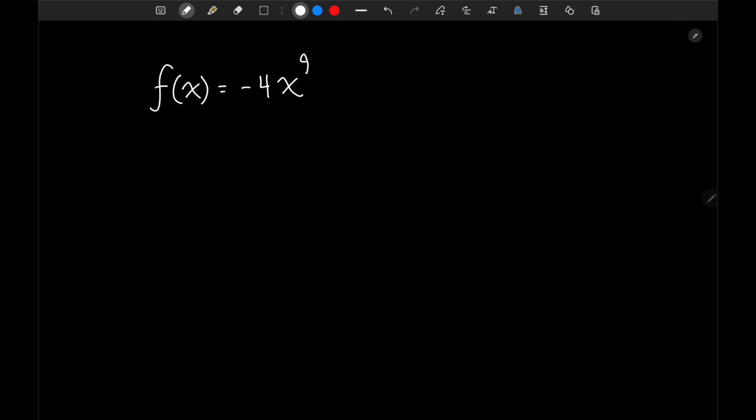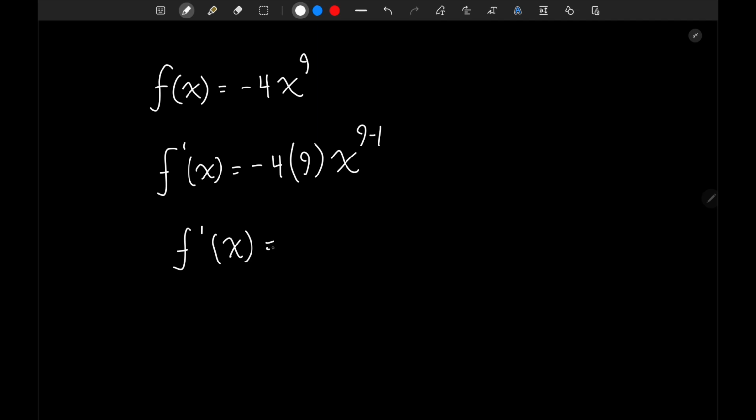Here we have f of x is equal to negative 4x to the 9. So when we take the derivative, write this down as f prime of x is equal to negative 4 multiplied by the exponent, and then minus 1 from the exponent. And then we are left with negative 36 x to the 8.